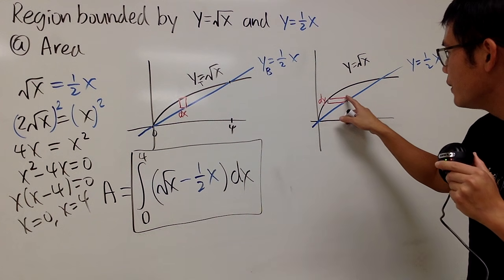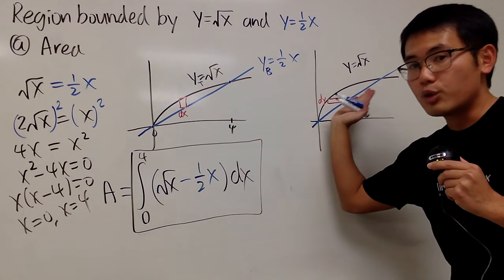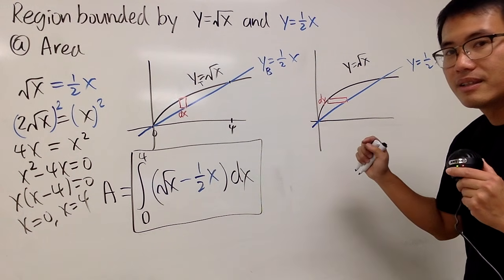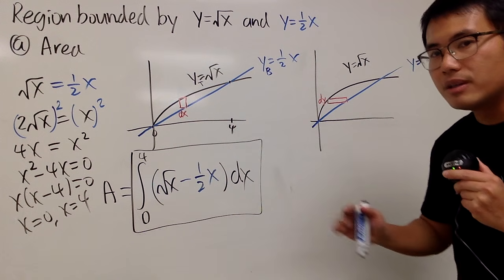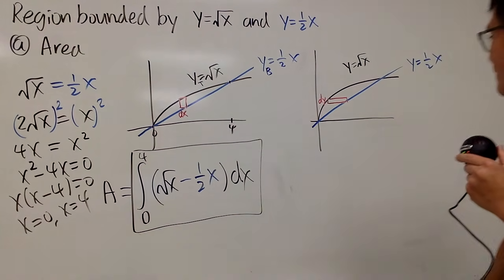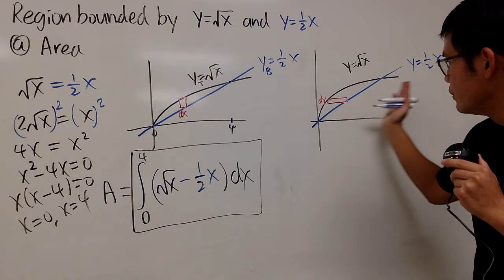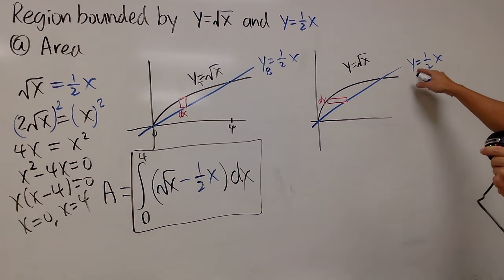But anyway, to figure out this other dimension, we will have to do the right minus left: the x on the right minus the x on the left. So remember, it's always right minus left, top minus bottom, okay? If you look at this, the x equation on the right is the blue one.